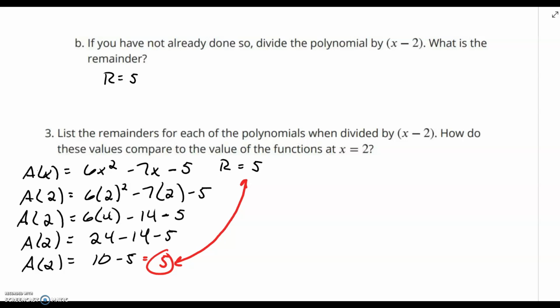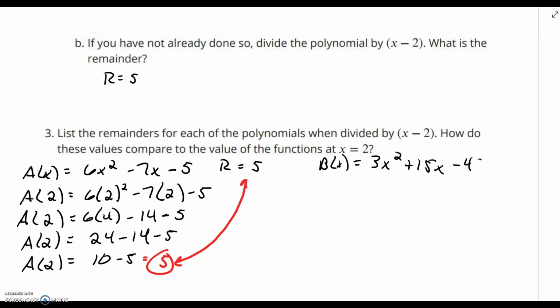Now, what we'll do is we will evaluate b of x as well, but we're going to do it a little bit quicker. B of x was equal to 3x squared plus 15x minus 42.